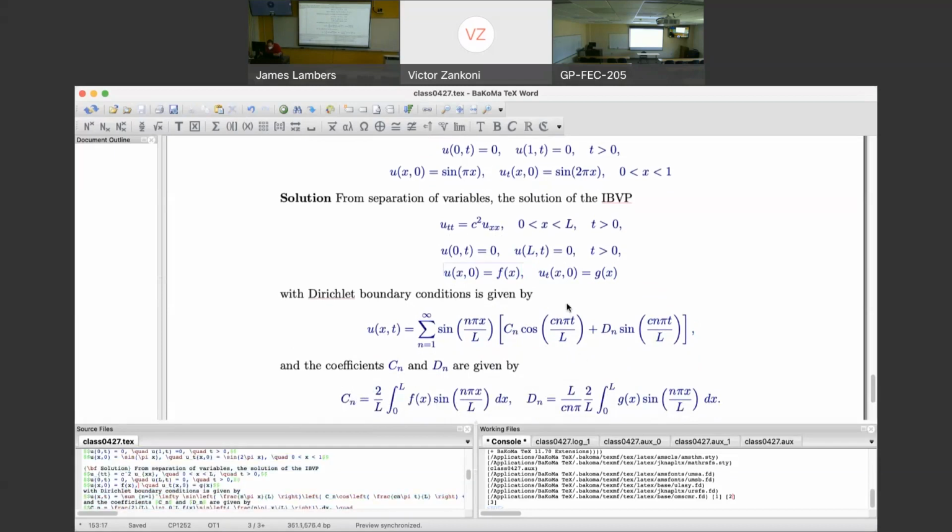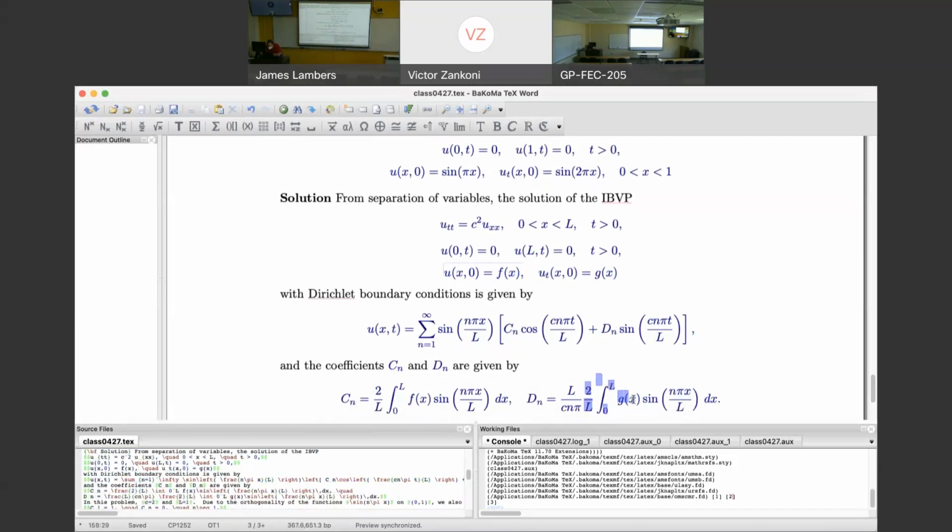And then you take the same kind of finite Fourier transform for a second initial condition. That's what you see here. And I've written it this way so that these are Fourier series coefficients.